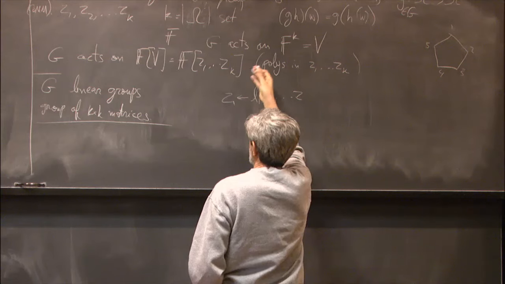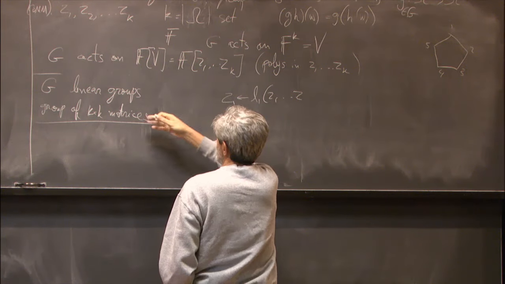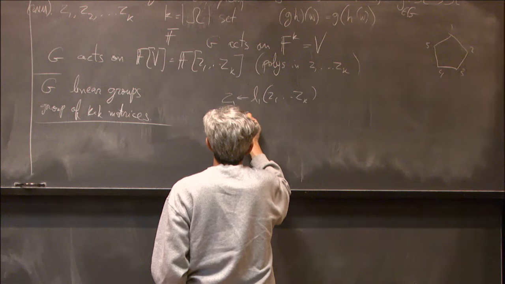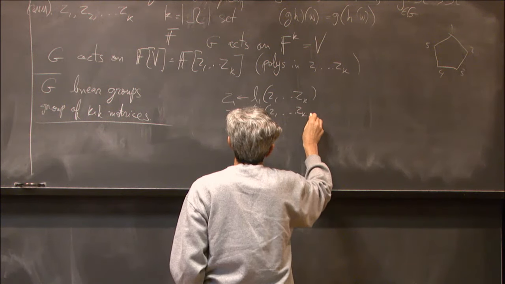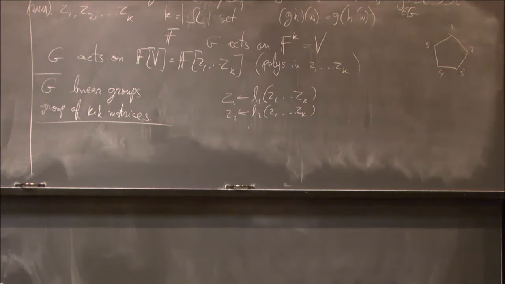That's what a matrix does. Just think of it as a vector. And so the matrix, a group element, sends Z to L of Z. You just make a linear transformation on the variables that are the variables in your polynomial.